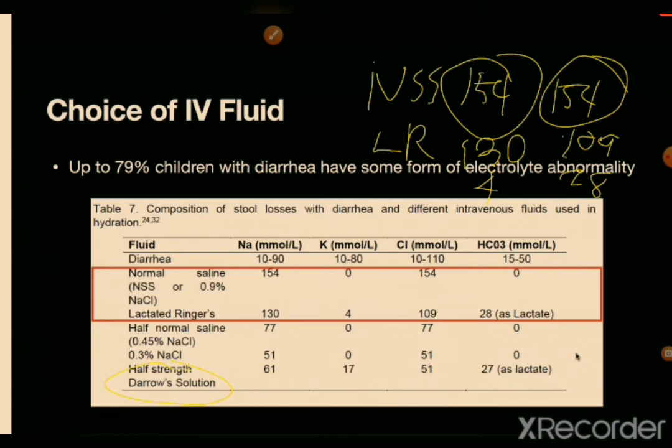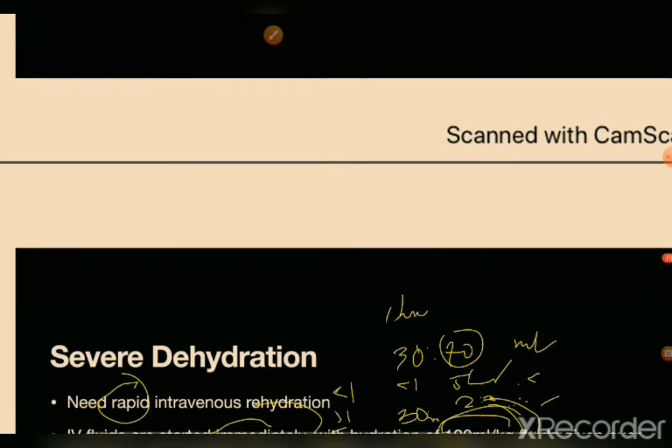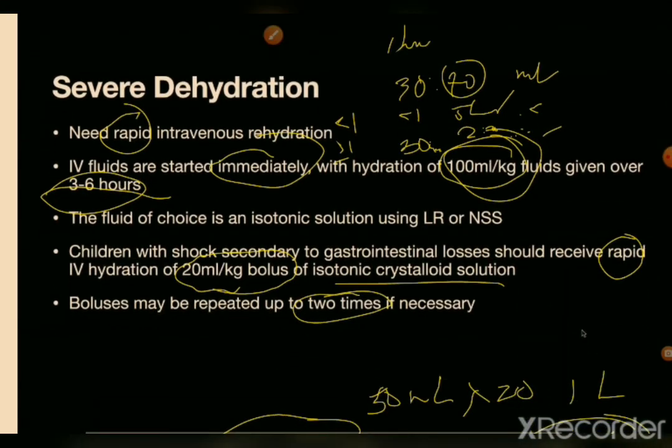But actually, our choice here for children would be both normal saline and plain lactated ringers. But if you will be asked for the better fluid for rehydration, that would be plain NSS or the normal saline solution.